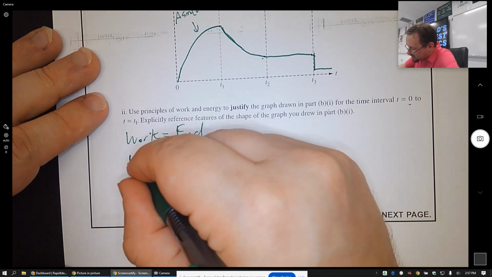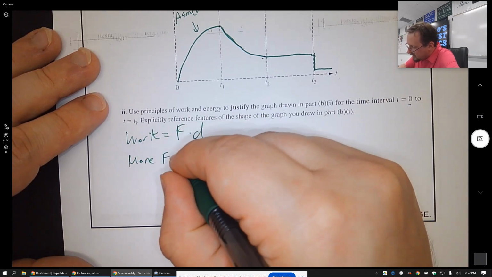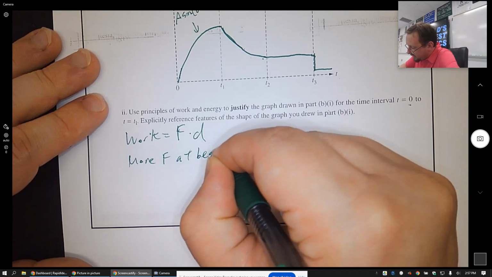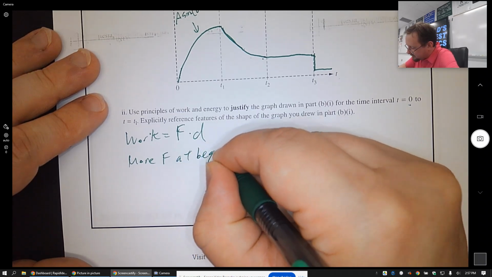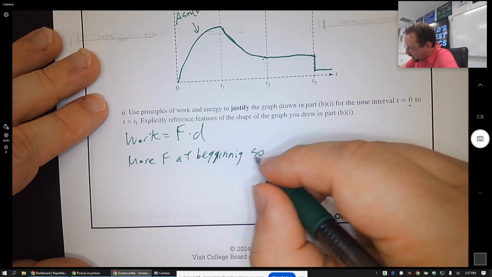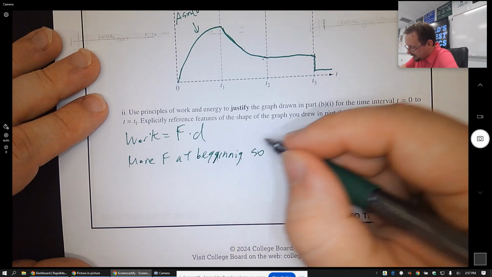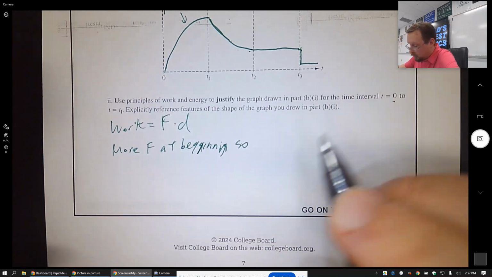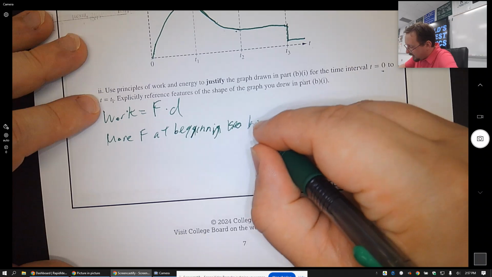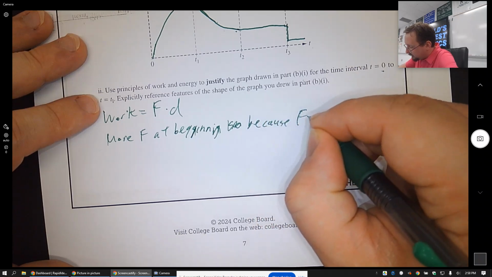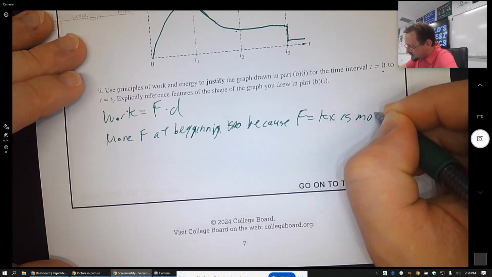And I want to say that there's more force at the beginning. So there's more force at the beginning because the spring is compressed more, because F equals KX is more.